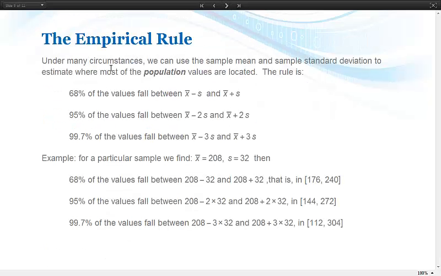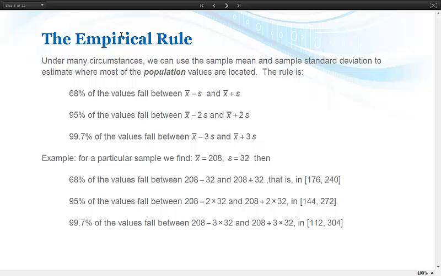One more important idea: now that we know how to compute the sample mean, a measure of centrality, and the sample standard deviation, a measure of width, we can use these to tell us where most of the values lie, not only in the sample, but also in the population, if I have a good unbiased sample.